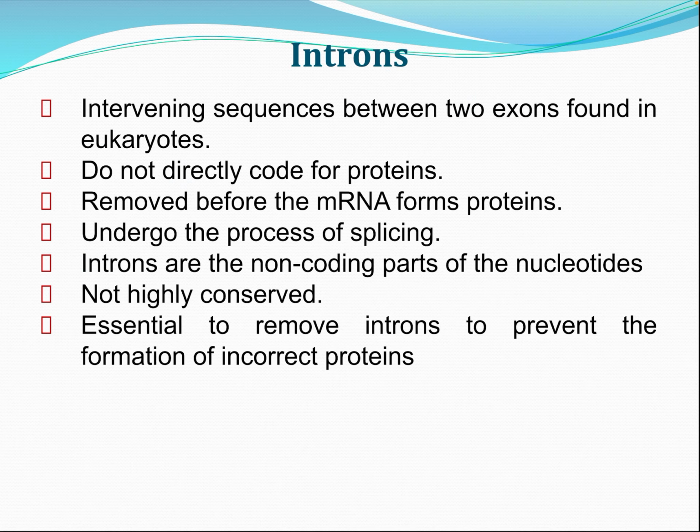They are also part of the transcription unit. They do not code for proteins and must be removed before the mRNA formation. The process of removing introns from the genetic code is called splicing.